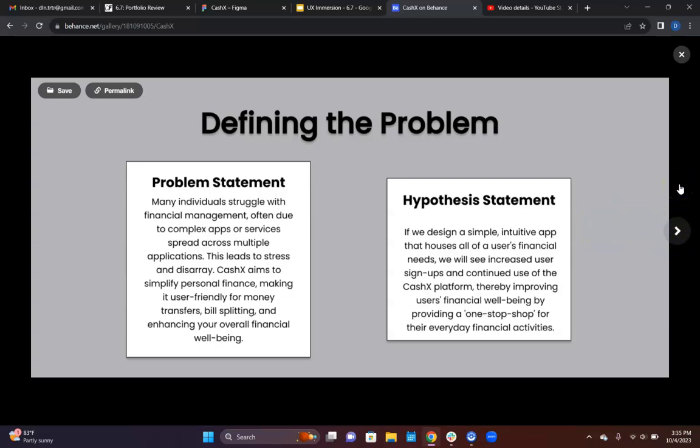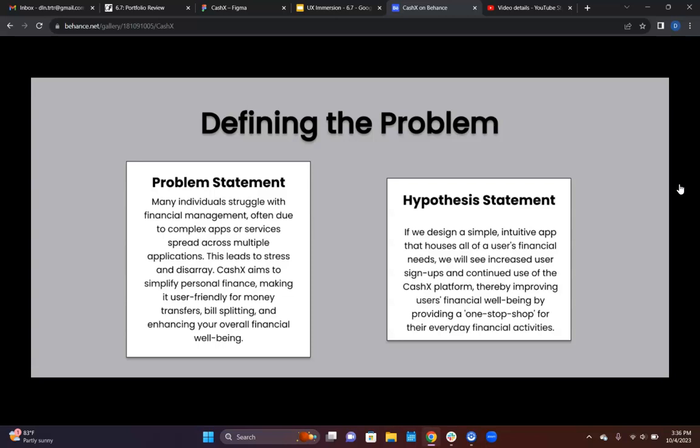Defining the problem. Initially, we have to determine what problem we're trying to design to solve. In my findings, and even in my day-to-day life, I've come to find that a lot of people struggle with properly and easily managing their finances.